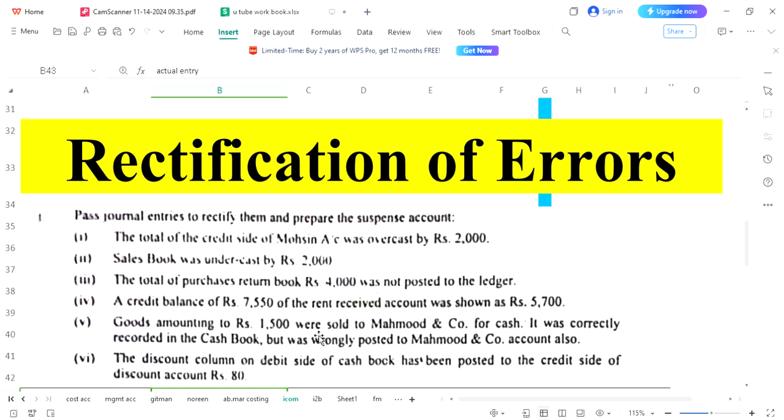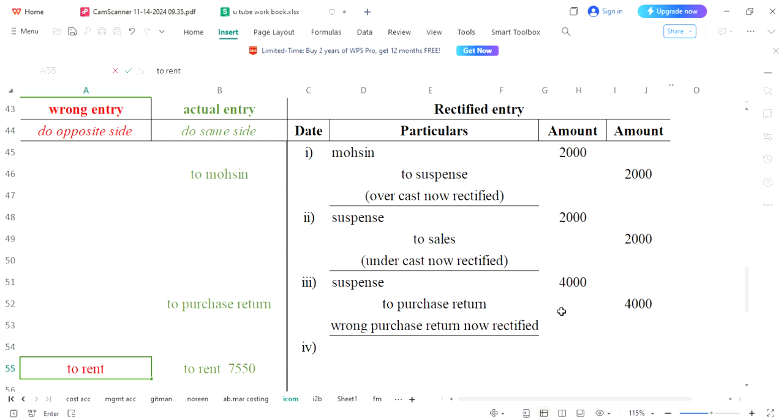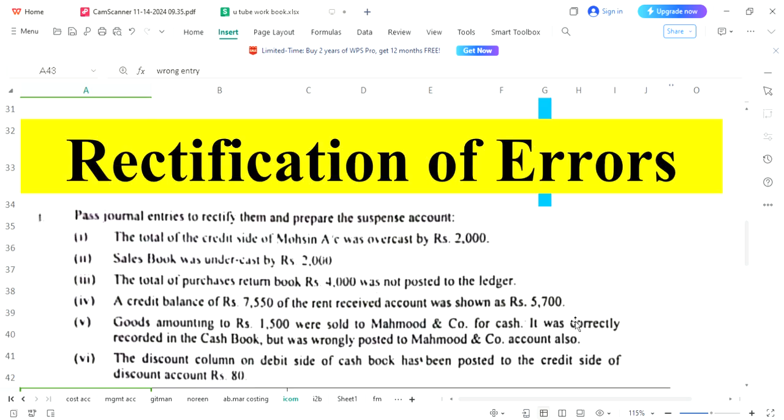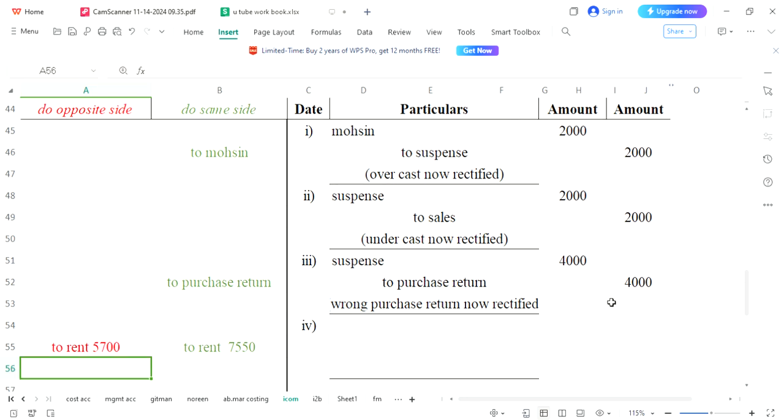Now we will see what mistake we have made. The account was shown as 5700. So instead of 7550, we have written 5700. Look here, 5700 we have written instead of 7550. That means less amount has been posted.